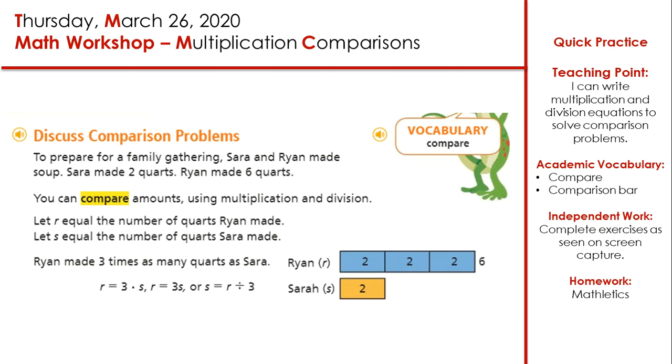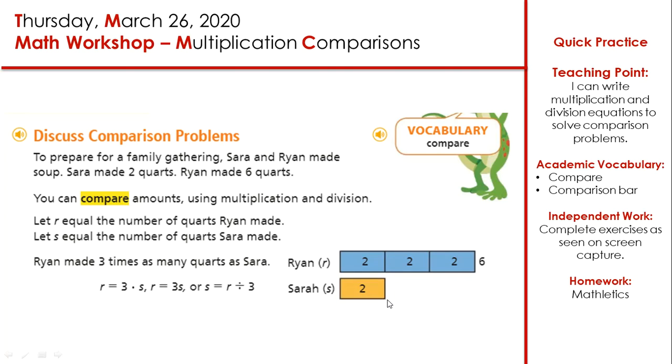So let R equal the number of quarts Ryan made, which is 6. If we divide it in equal pieces, then we have 3 equal pieces. And then let S equal the number of quarts Sarah made. In this case, as we read before, she only made 2 quarts.